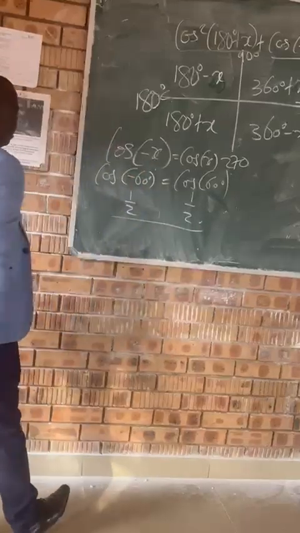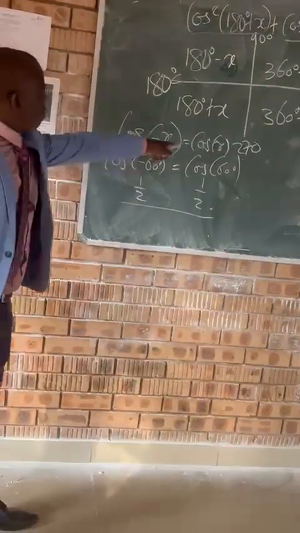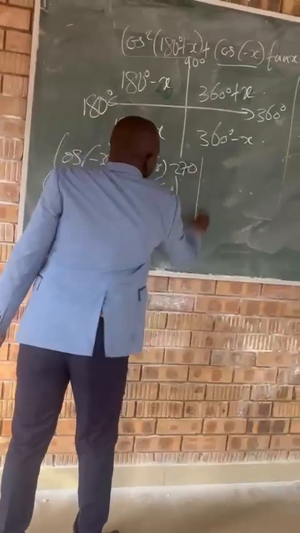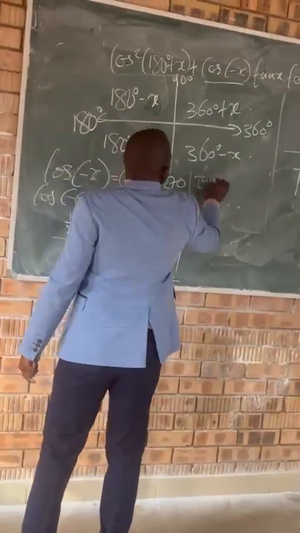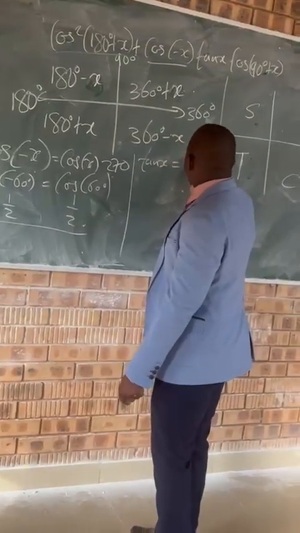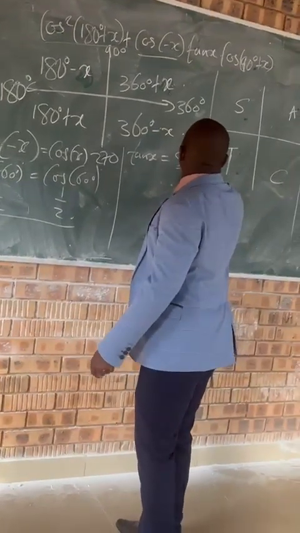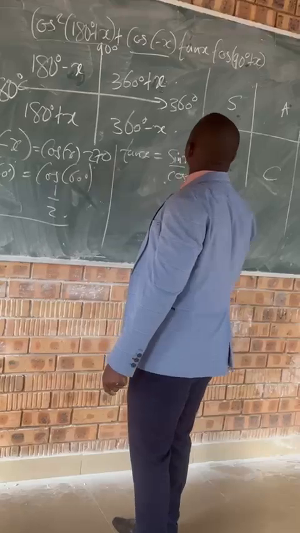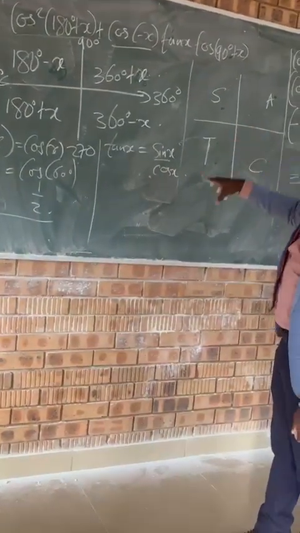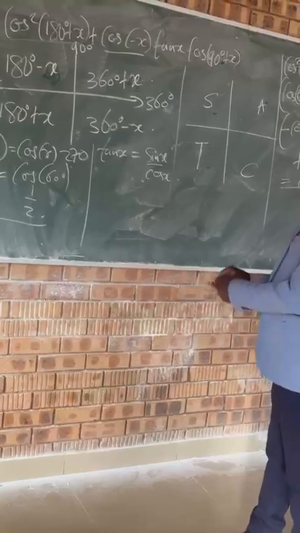Therefore, cos of negative x is as good as cos x. Then, moving on to tan x, it is the same as sine x over cos x, so we can replace tan x with sine x over cos x.